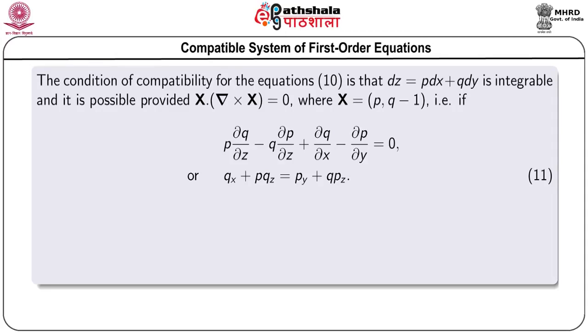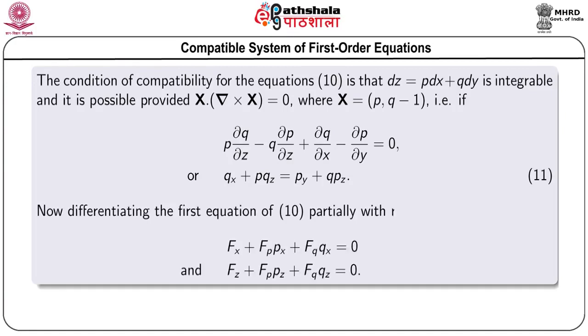That is, if P into del Q del Z minus Q into del P del Z plus del Q del X minus del P del Y is equal to 0, or in other words we can write the relation in the form Qx plus P Qz equals Py plus Q Pz.